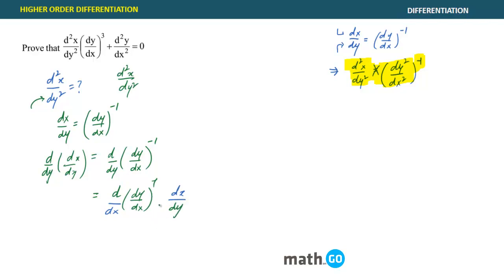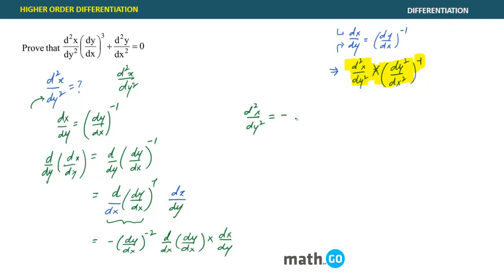Got it? So this is how you can write, and the beauty of this is that now you can actually solve this. So this is nothing but, say y₁ raised to power minus 1. So this will become minus (dy by dx) raised to power minus 2 into the derivative of the inner function. You just have to apply the chain rule now, derivative of this particular stuff, and you also have this dx by dy. So if you collate all of this, what is your d²x by dy²?